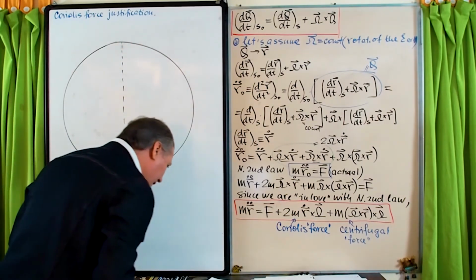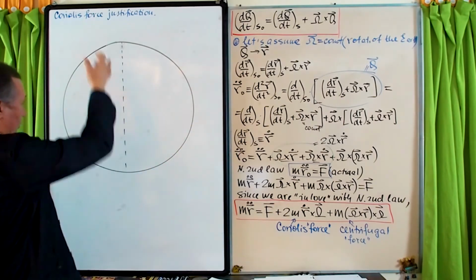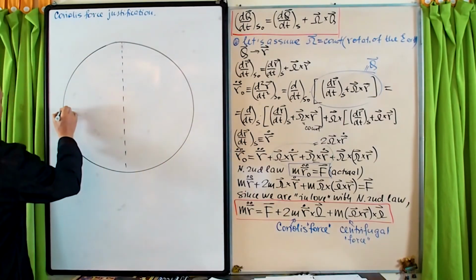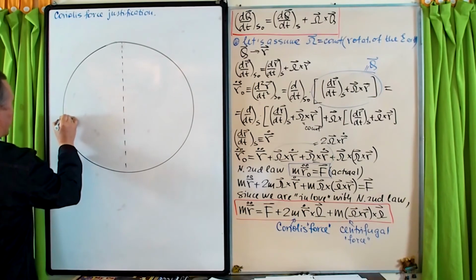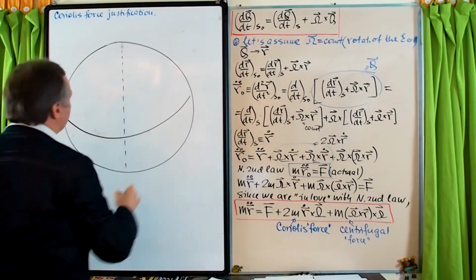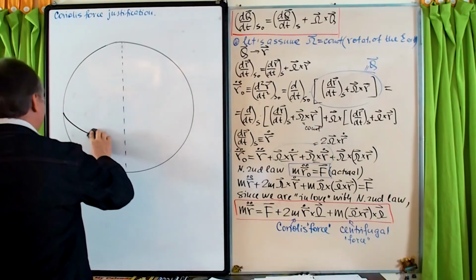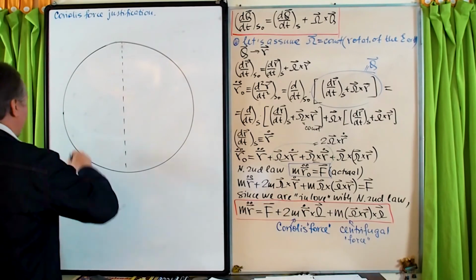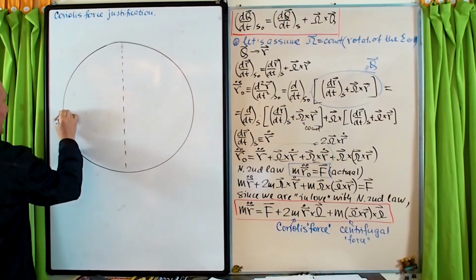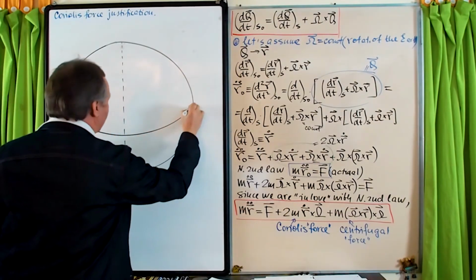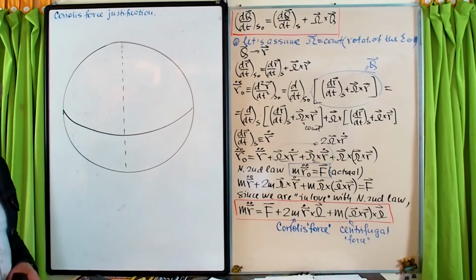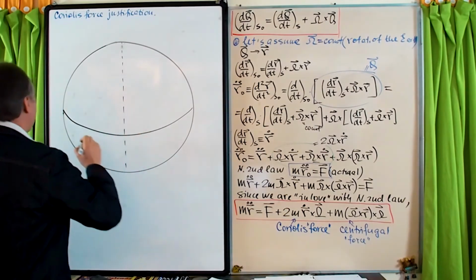Then I keep forgetting which is latitude and which are longitudes. Okay, so let's say this is the equator. Oh, it wasn't an equator, right? So let's say this is an equator. Okay, good enough. So equator.